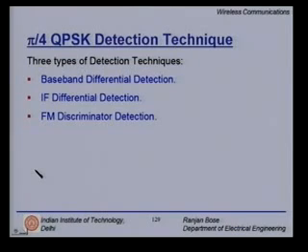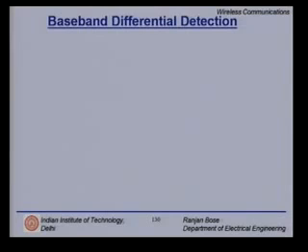Now let us come to the different kinds of pi by 4 QPSK detection techniques. There are 3 detection techniques, and we will briefly go over all of them from the block diagram perspective. The first technique is the baseband differential detection.